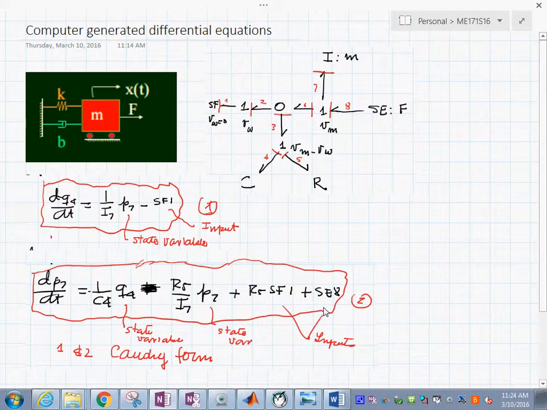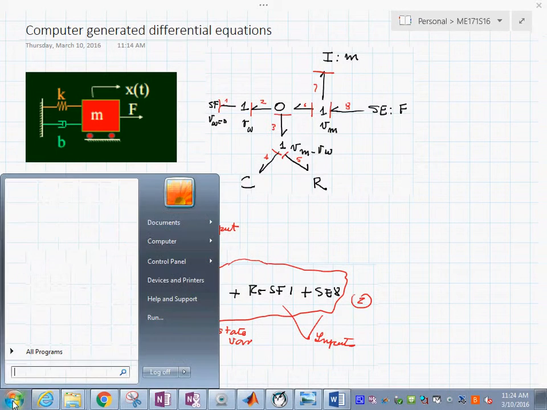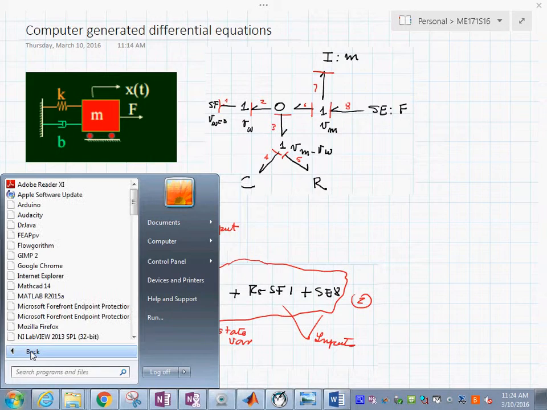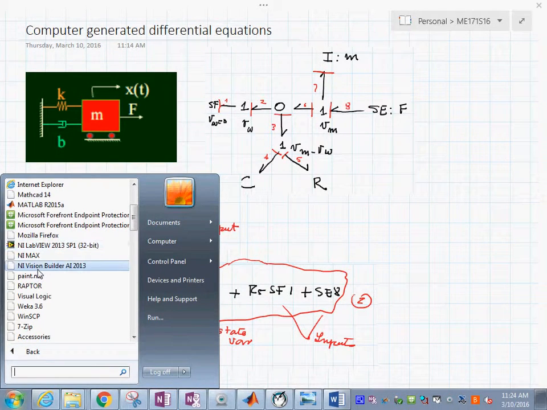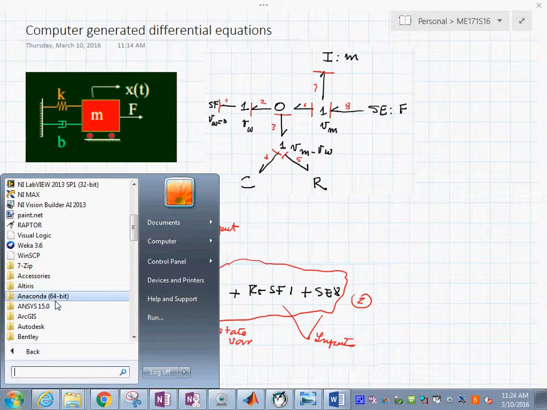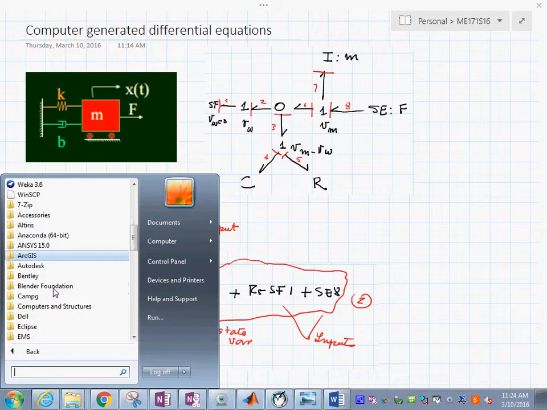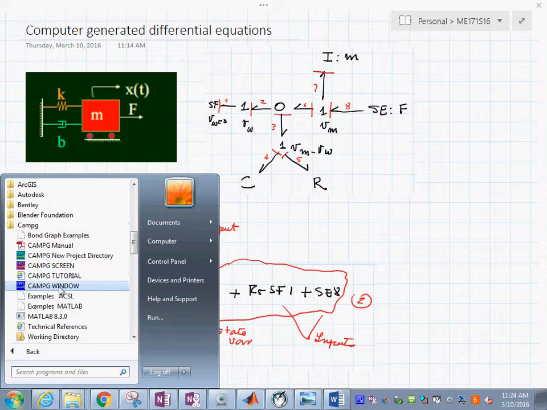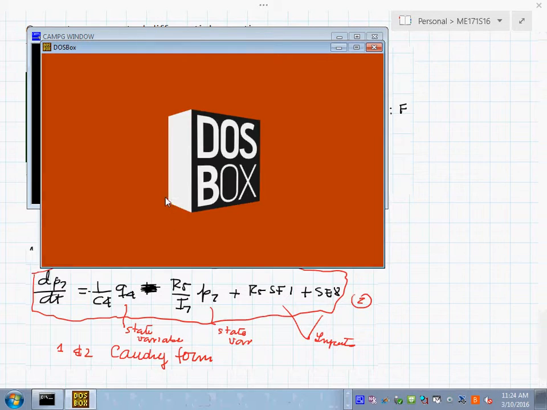So we're going to go over here and then go to CAMPG, and then click on the model here. First of all, we need to get started.